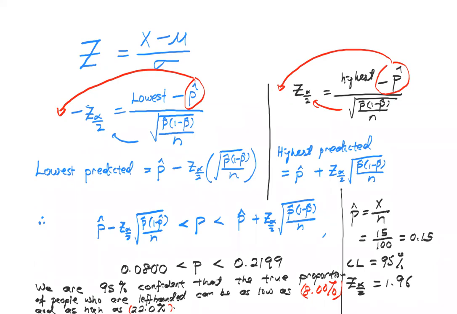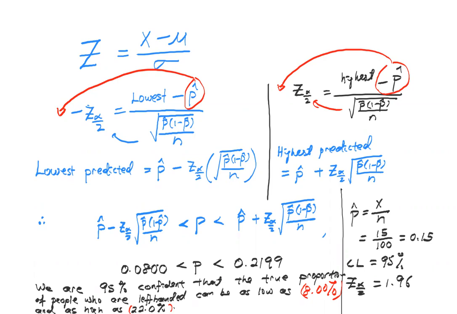Okay, now, is the claim just now we have justified? What is our claim? I said 12%. Is 12% within the confidence interval? Yes.